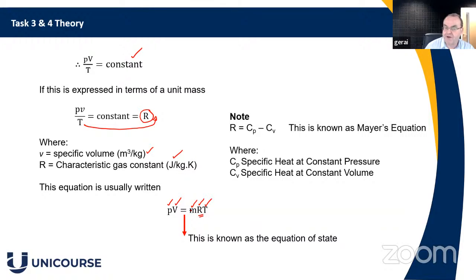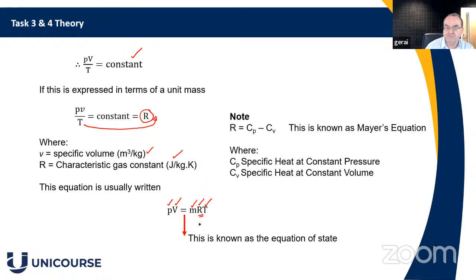So you can work out the mass of air in the cylinder. You can work out the mass of air in the room that you're in at the moment. You get the volume, you've got the pressure, which has to be in pascals, and the temperature, which has to be in Kelvin. So you can get the mass of air in the room.